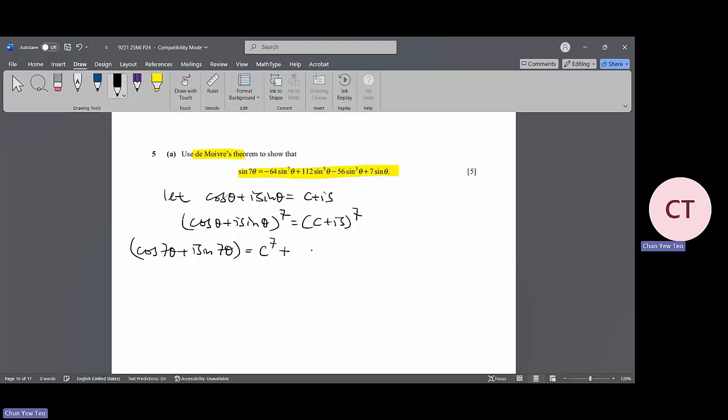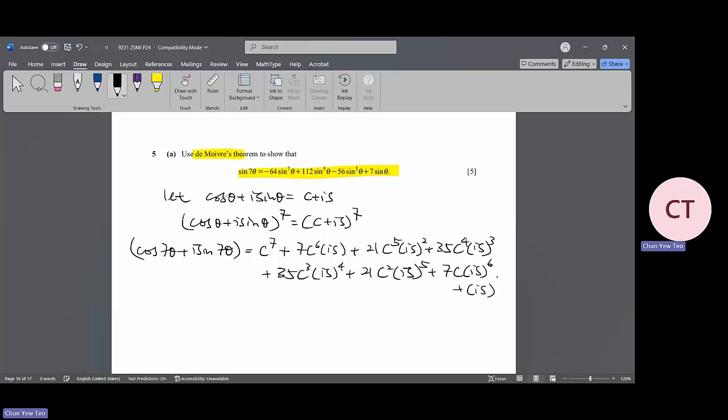C power 7 plus 7C^6 iS plus 21C^5 (iS) squared plus 35C^4 (iS) cubed, then plus 35C^3 (iS) power 4 plus 21C^2 (iS) power 5 plus 7C (iS) power 6, and finally plus (iS) power 7.